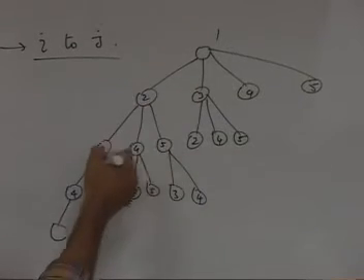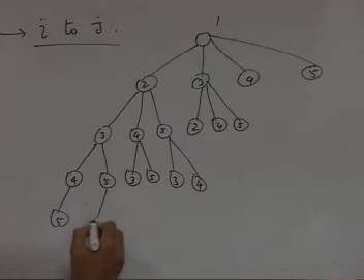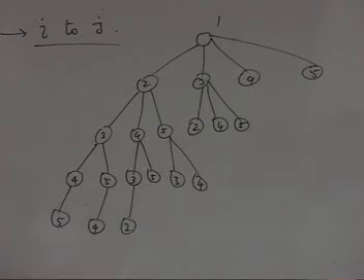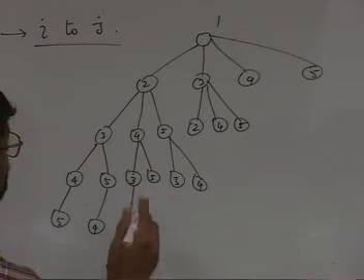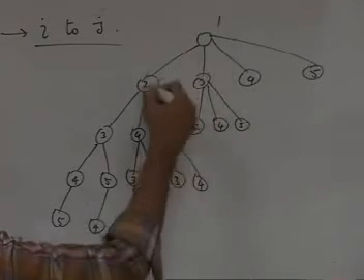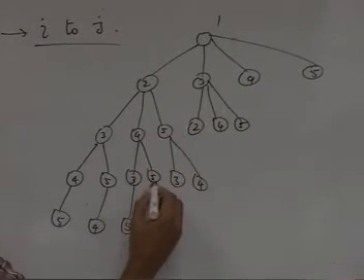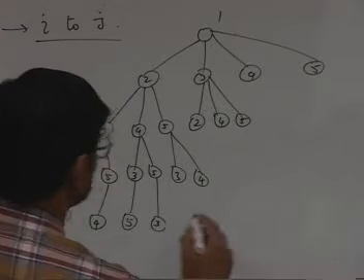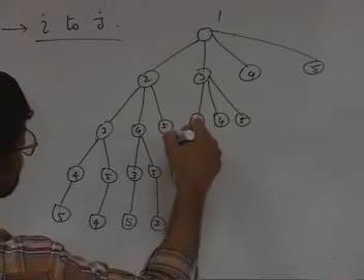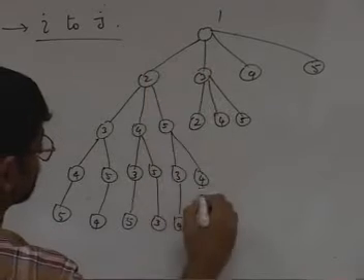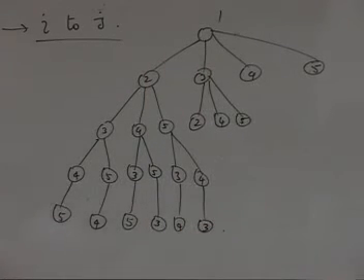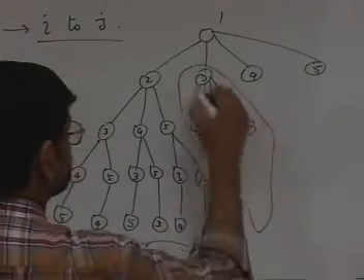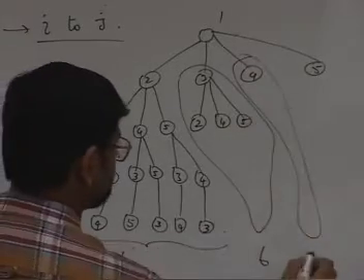So this one is 1, 2, 3, 4, 5, 1, 2, 3, 5, 4, 1, 2, 4, 3, 5, 1, 2, 4, 5, 3, 1, 2, 5, 3, 4, 1, 2, 5, 4, 3, okay, and the number of leaves is 6 here, and similarly when you expand you will get 6, and when you expand you will get another 6.